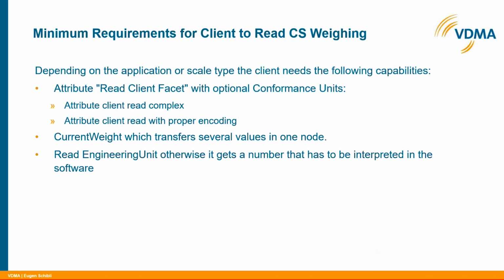And then if you talk with the guys from the client side, ask them the question, you know, that they offer the capabilities: read client facet, attribute client, and read complex attribute client read with proper encoding. Because we noticed that some clients are not able to perform these functionalities, and this happens very often when customers do their own client.